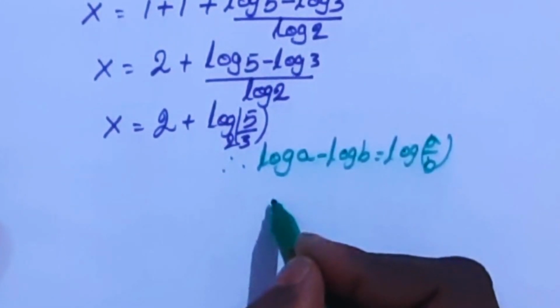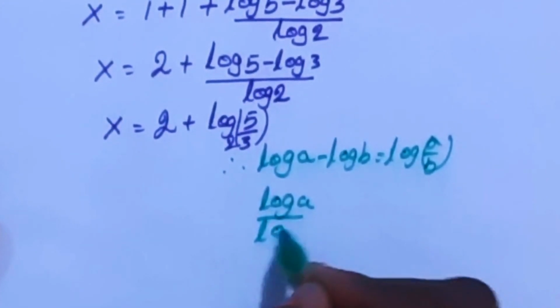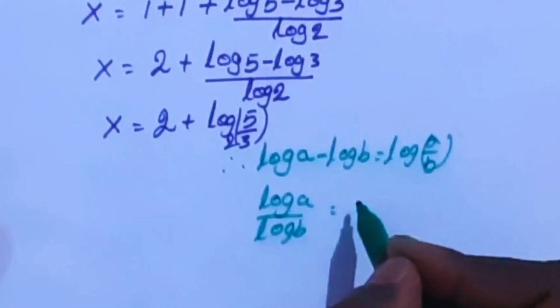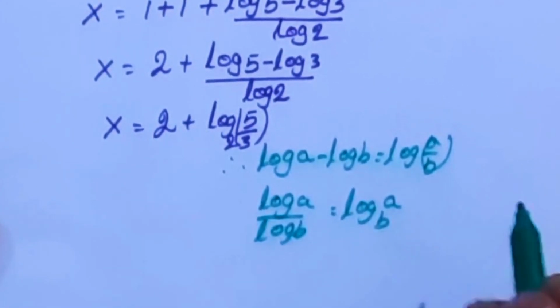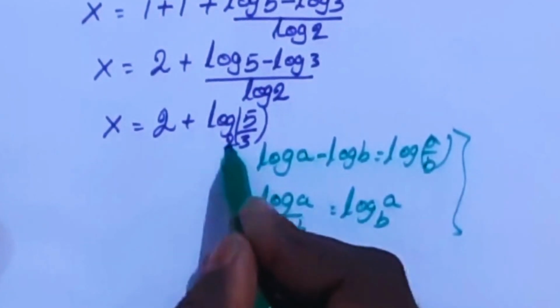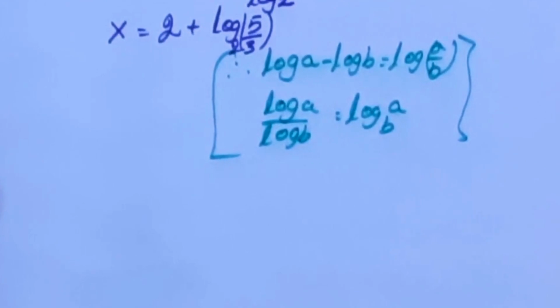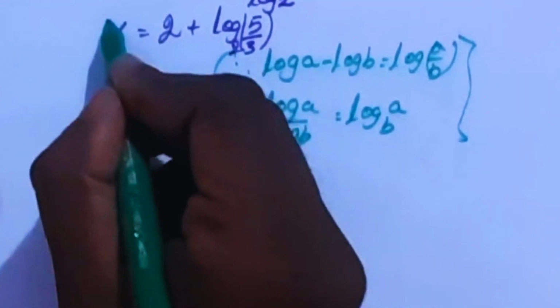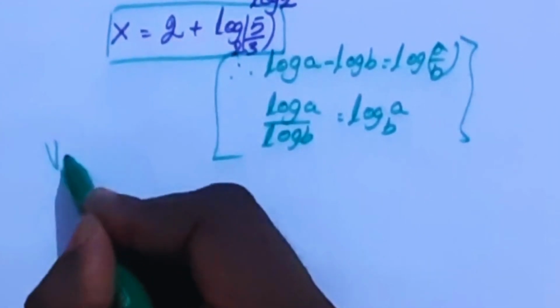The formula here is log a by log b equal to log a base b. These two formulas we have applied here. So we got x equal to this value. Now we are going to verify this.